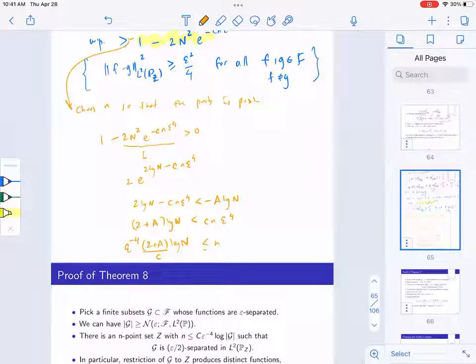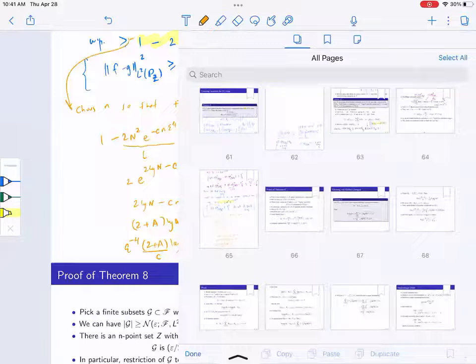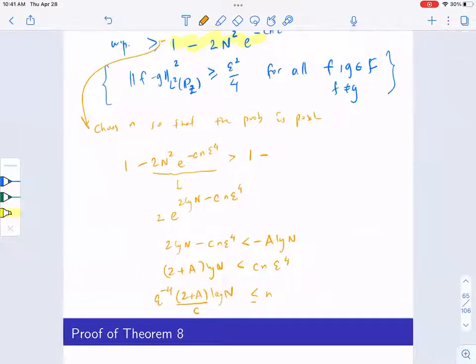And if this is the case, then this probability is going to be bigger than 1 minus 2 e to the negative something.